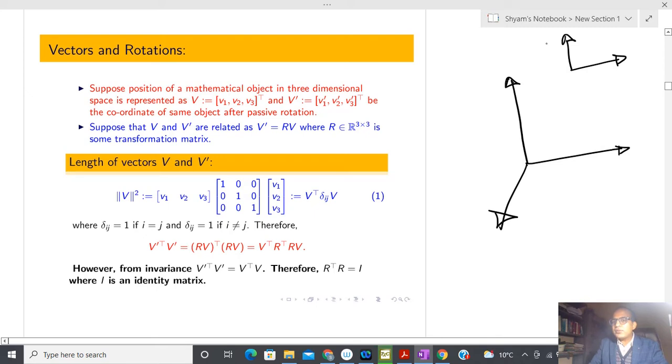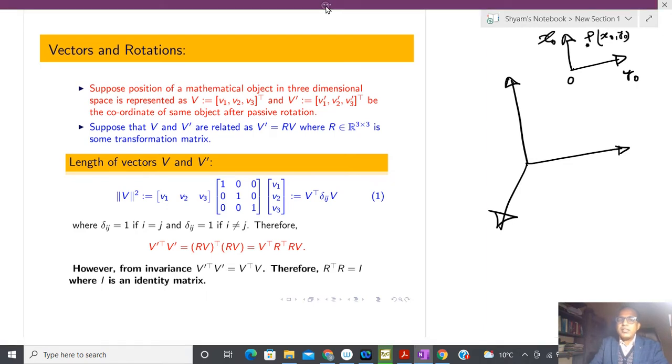Suppose that here I have x0 and y0, and I have a certain point P here, and I have represented this point by some coordinate axis, that is x0 and y0, associated with that point. Now I am going to fix this point. I am just going to talk about the passive rotation.